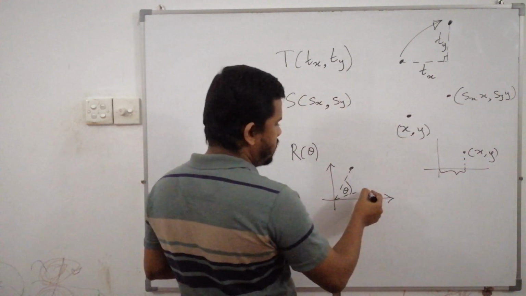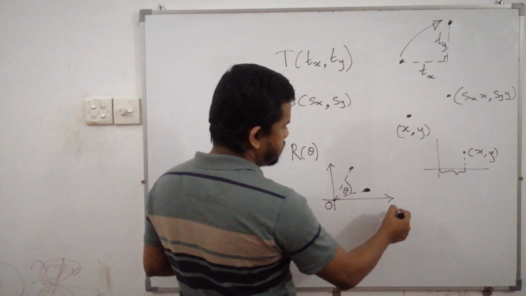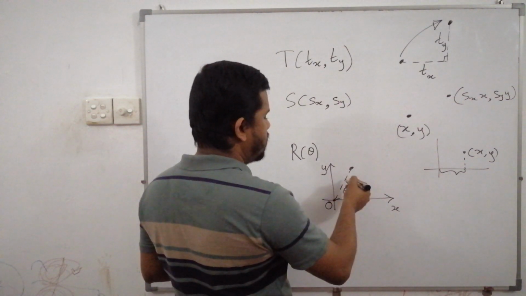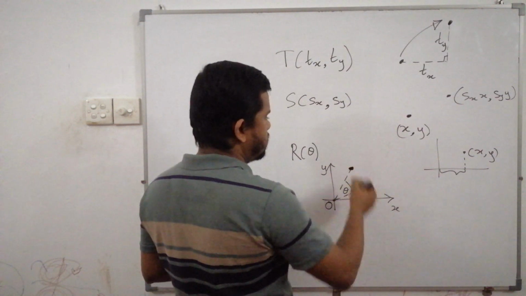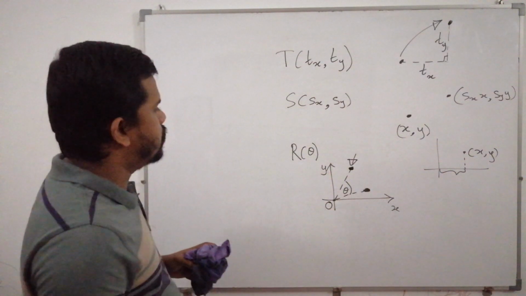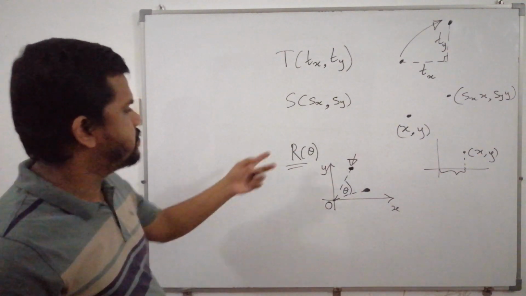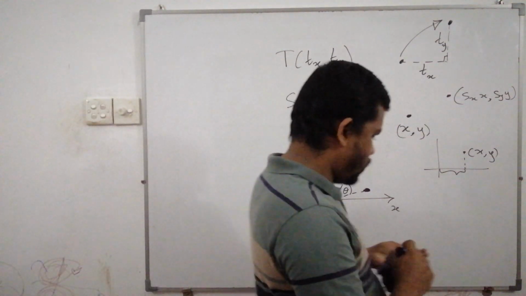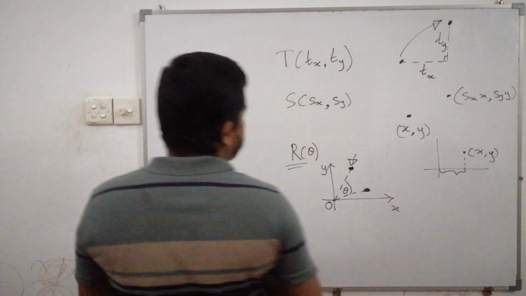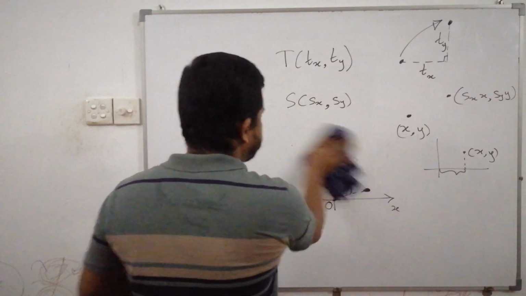If a point rotates around the origin by an angle of theta and reaches this position, then we use rotation around the origin.